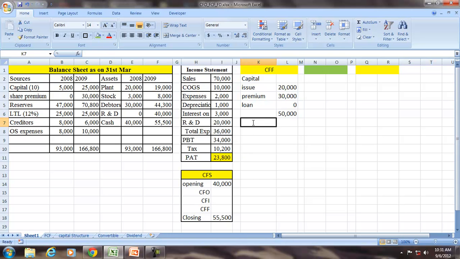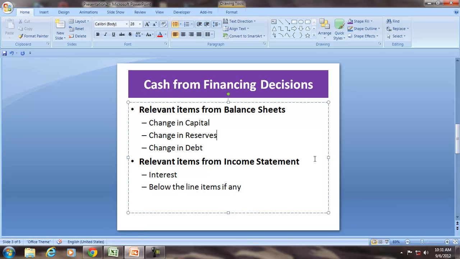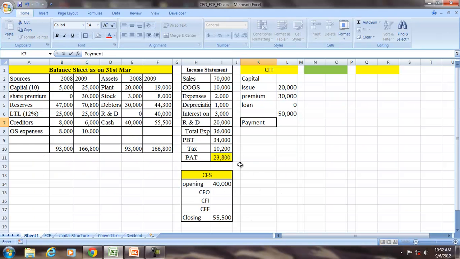Now we'll see the payments, and the payments one can find from the relevant items on the income statement: the interest, or below the line items, that is the dividends if any. So payments here, we can assume interest of 3,000, but we can also see whether there is any dividend paid.